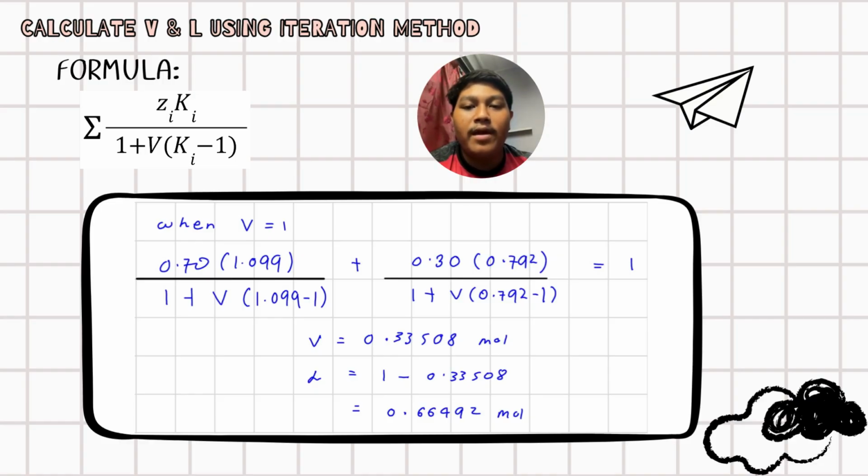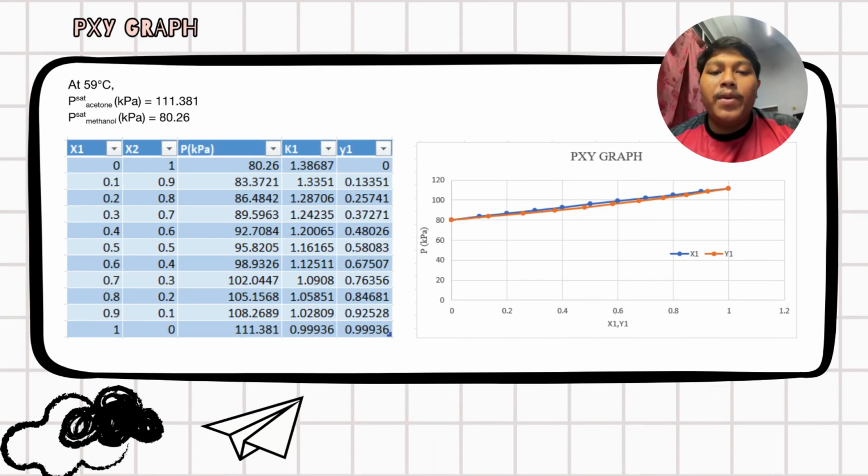To get the value of L, we subtract V from 1, which is 1 minus 0.33508, and we get the value for L as 0.66492 mol.